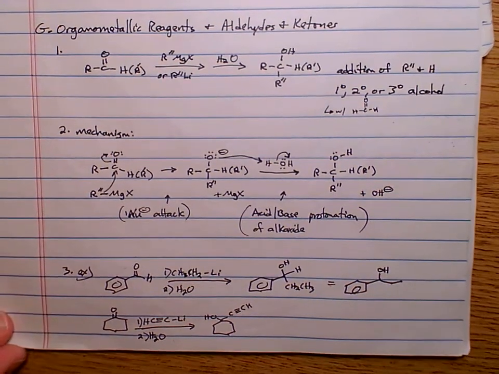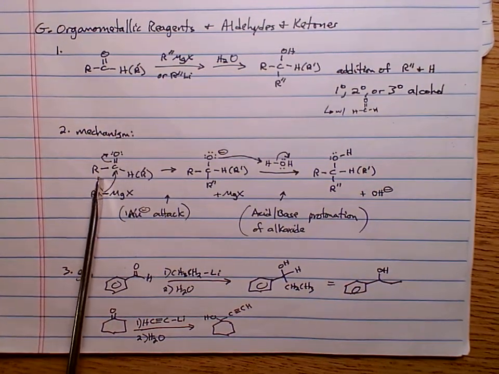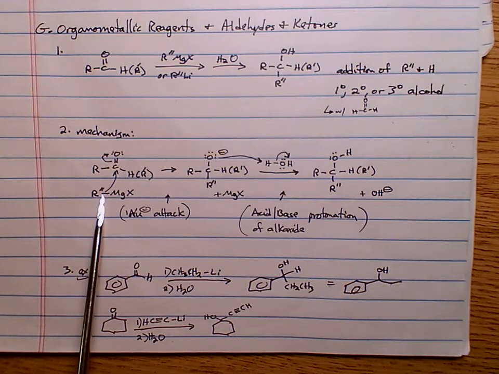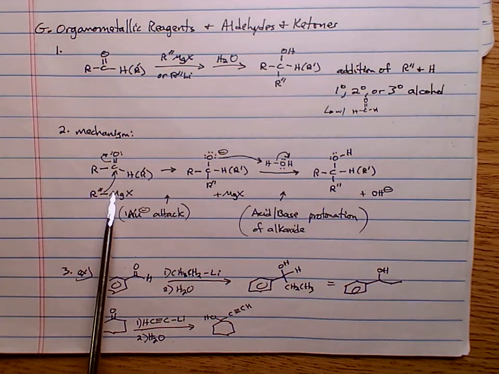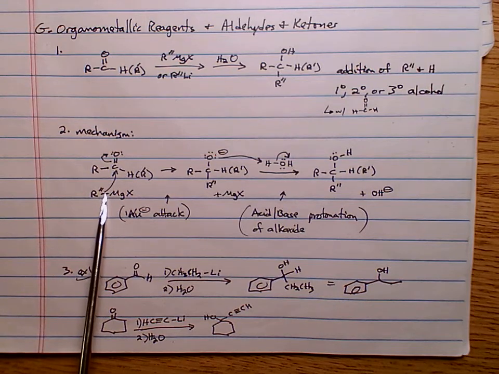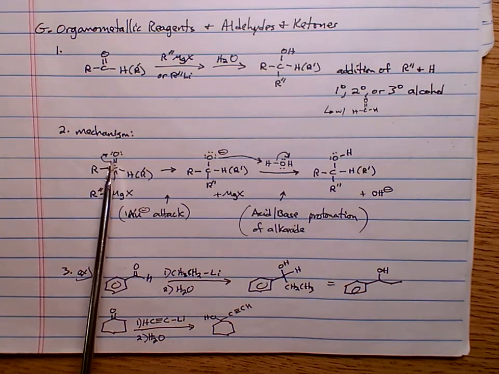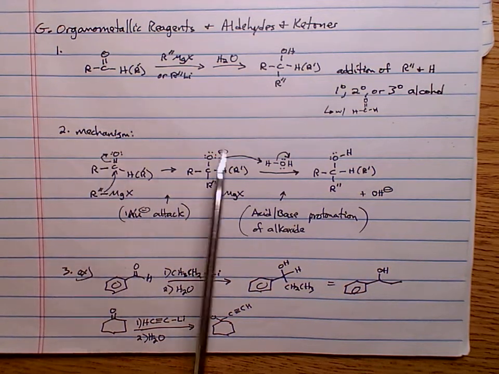Okay, and the mechanism, pretty straightforward. We have a carbonyl carbon, which is positively charged. We have a carbanion, at least it reacts as a carbanion. And so these 2 electrons, very carbanion-like, will attack the carbonyl carbon. Recall that always causes the pi bond to break.